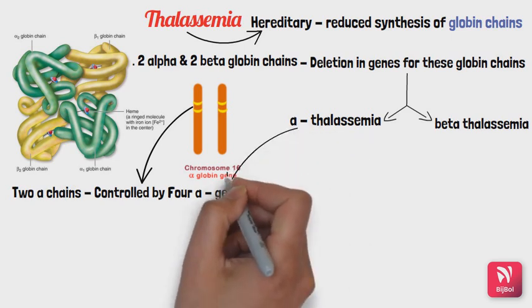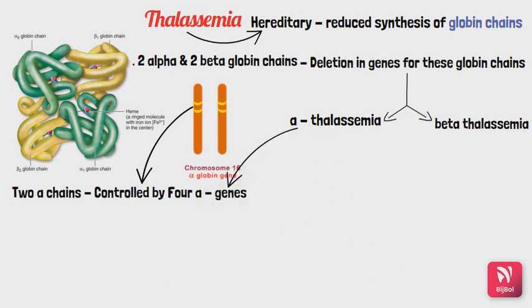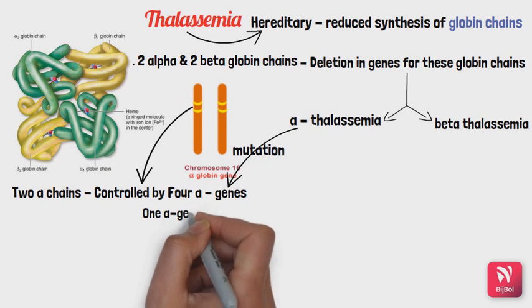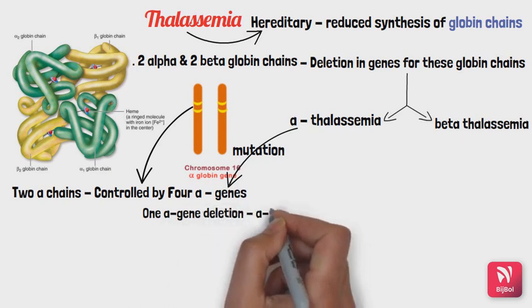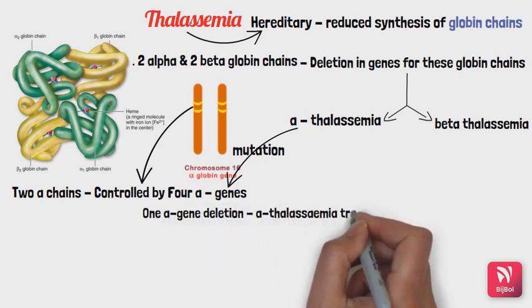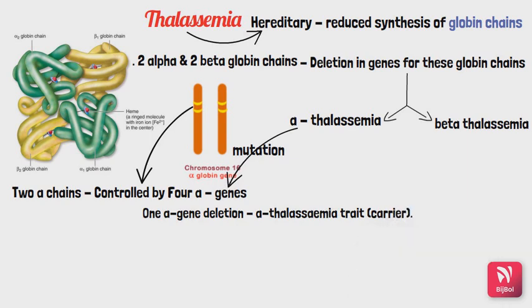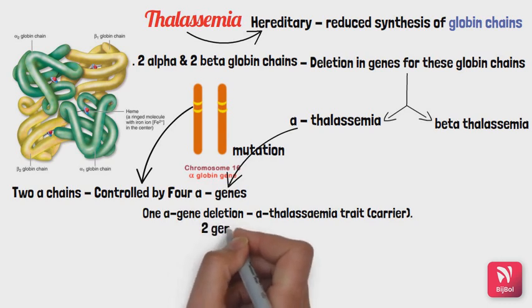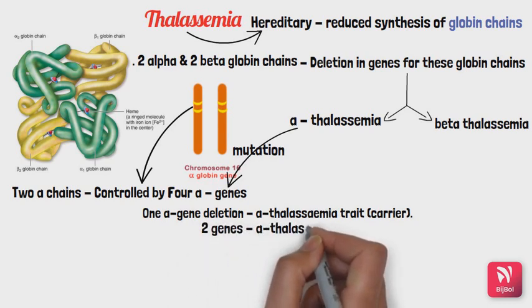So the mutation in these 4 alpha genes can be in the form of deletion here. What happens is, if out of 4, only 1 alpha gene is deleted, then it is called alpha thalassemia trait. That means the person with this trait will not show any symptoms, but he or she has the tendency to transfer it to their offspring.